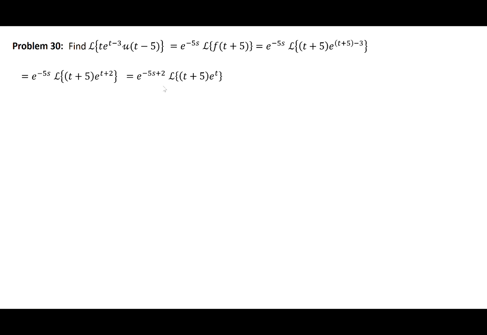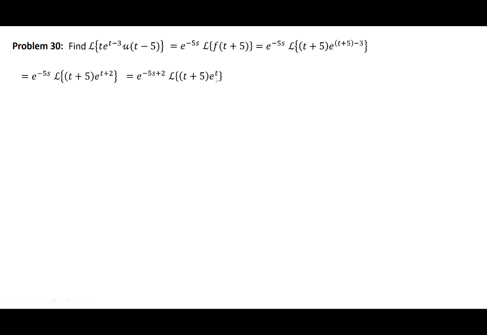Hey, wait a minute. This looks like our first translation theorem, right? Laplace of e to the at f of t is F of s minus a, or Laplace of f of t to which a shift, s shifted by s minus a, has been applied. So here, let's apply that first translation theorem.